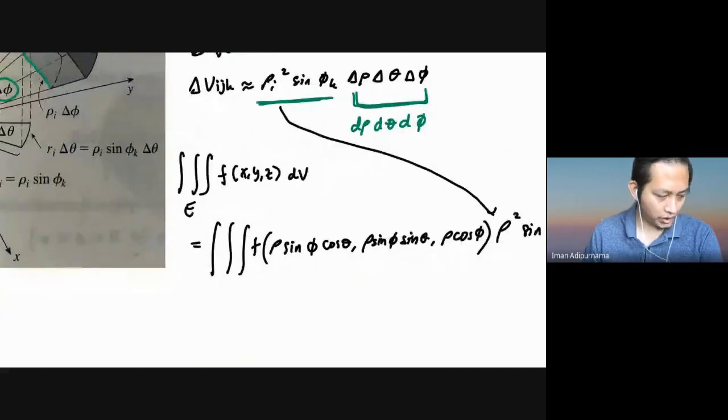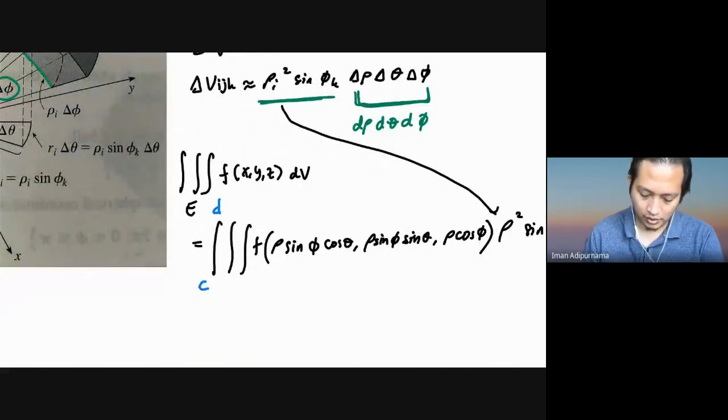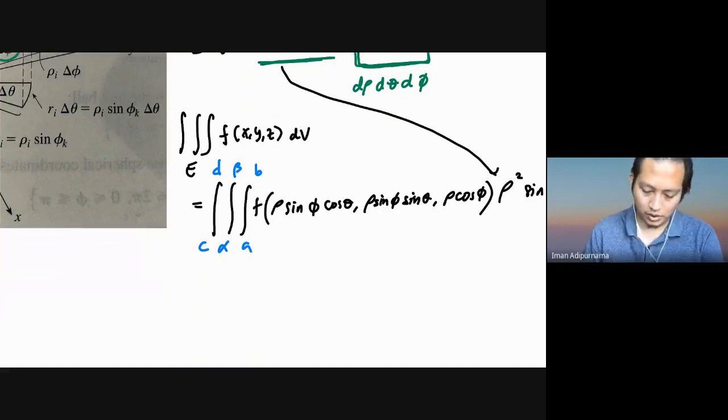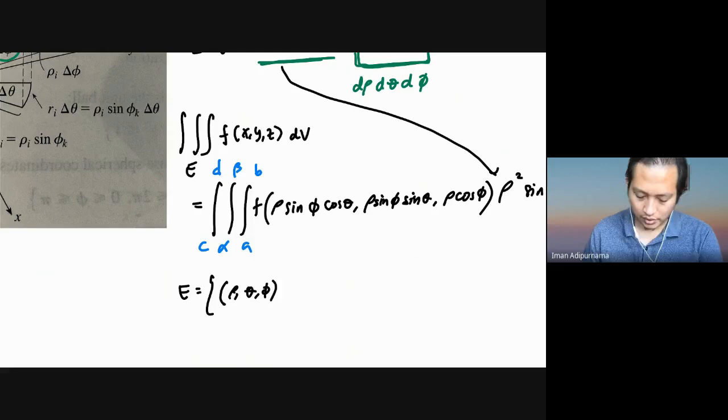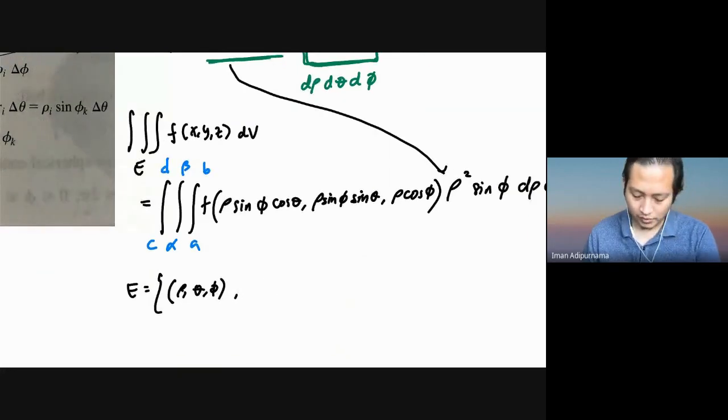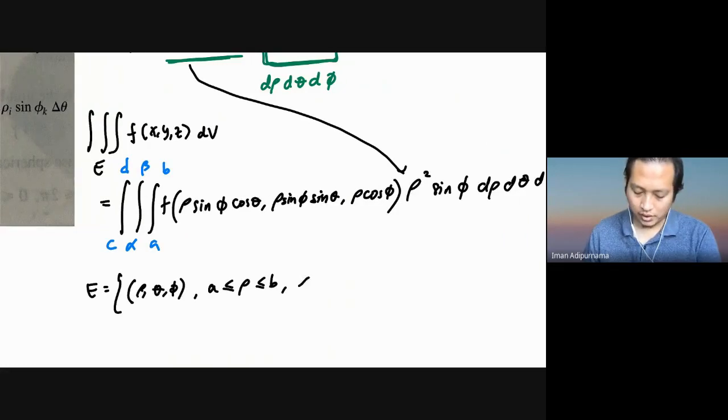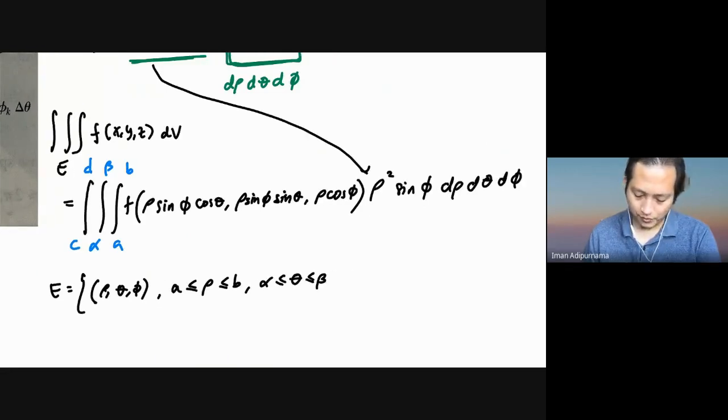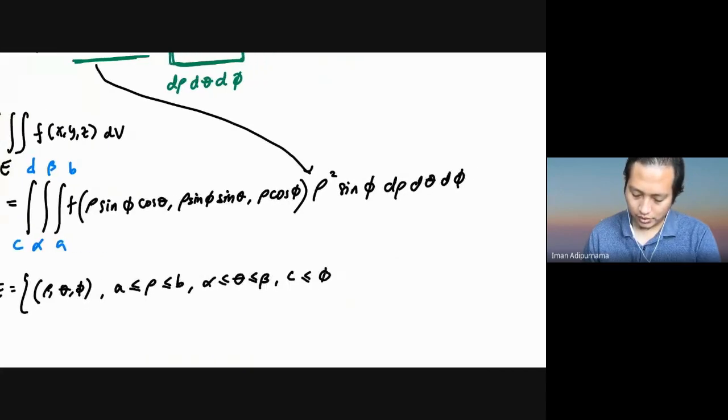And then maybe we can write the limits for rho, theta, and psi: from a to b for rho, alpha to beta for theta, and then c to d for psi.